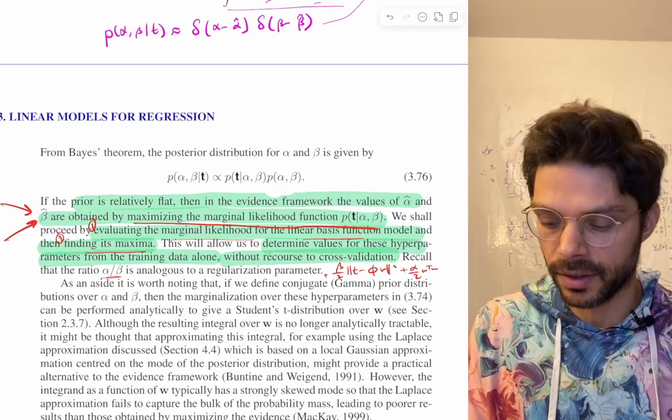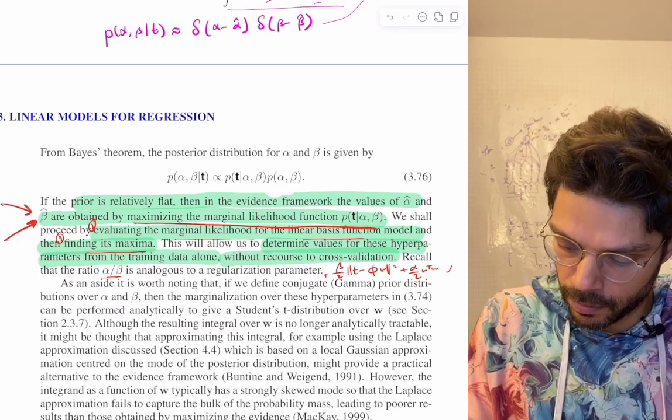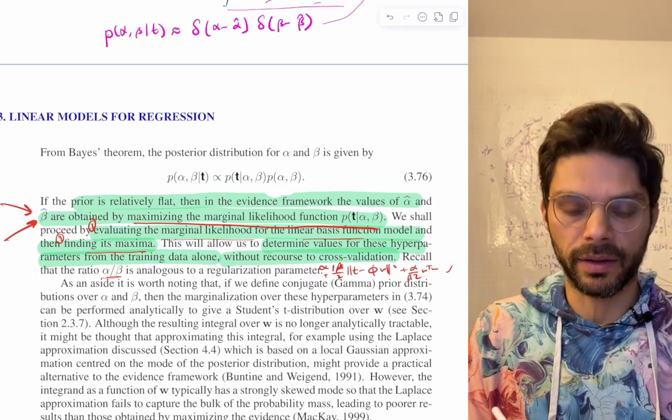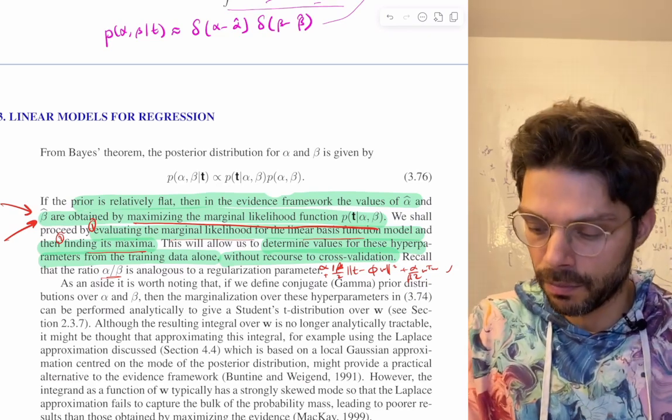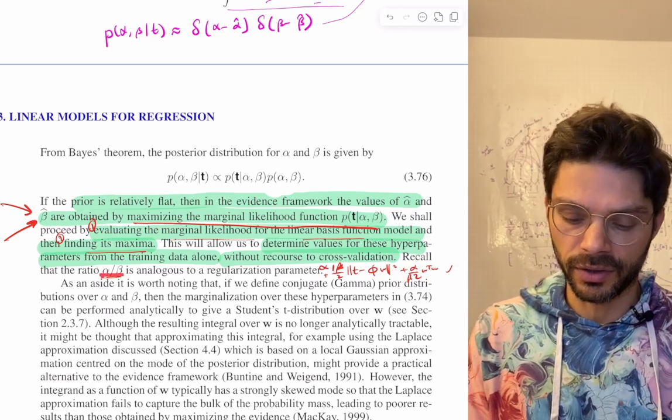We're maximizing this thing. If you divide by beta, this is proportional to 1 plus one half of alpha over beta, and this just becomes a regularization parameter, just like we've always seen. So that's essentially all he's talking about there.